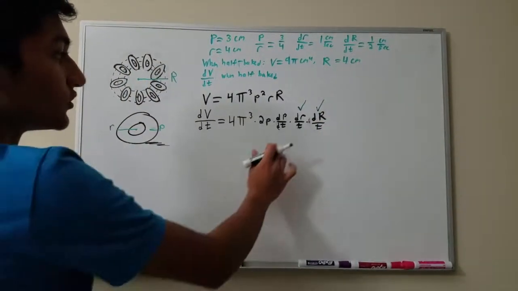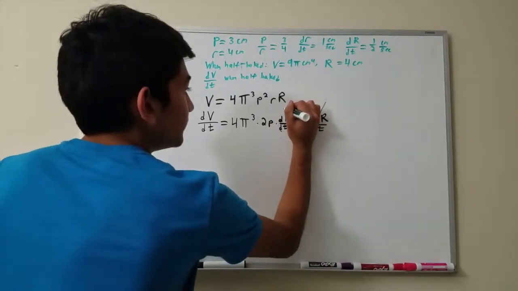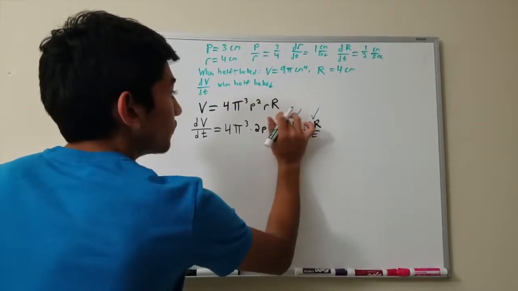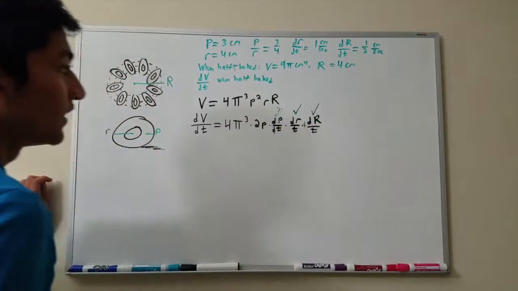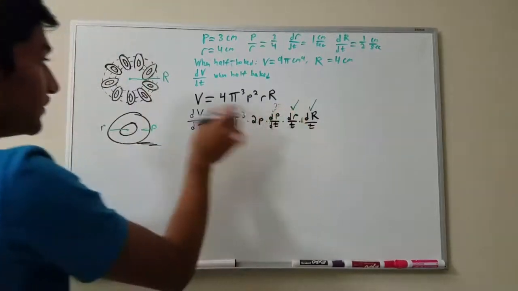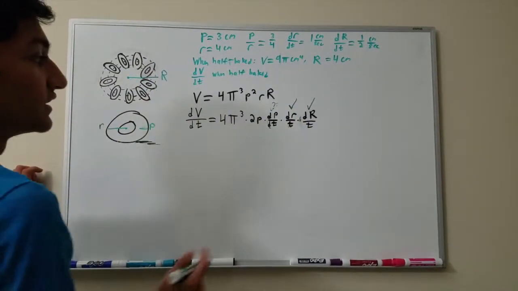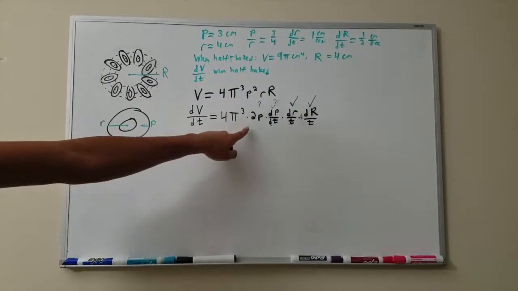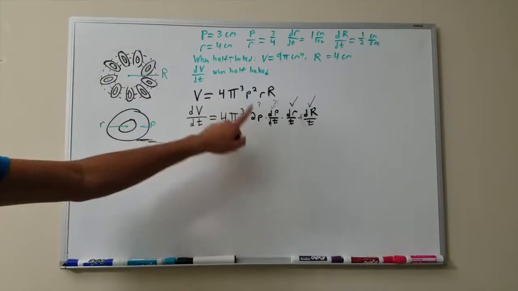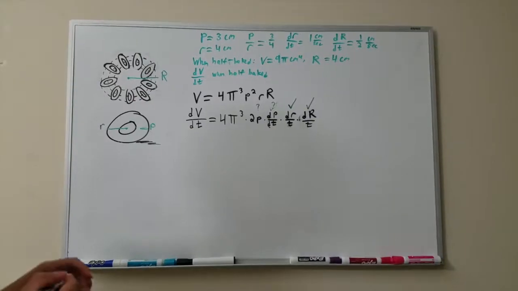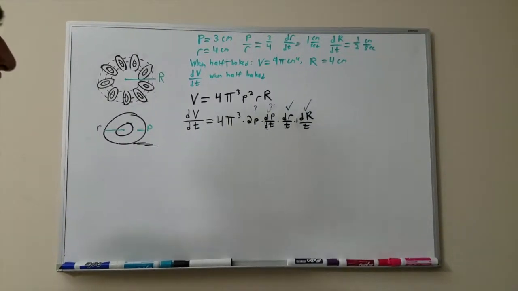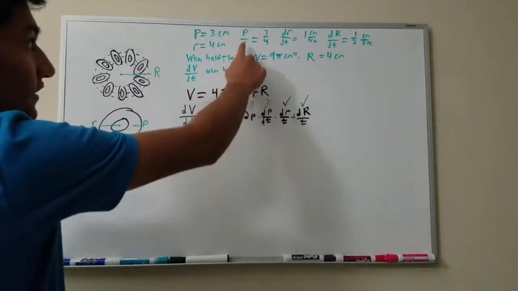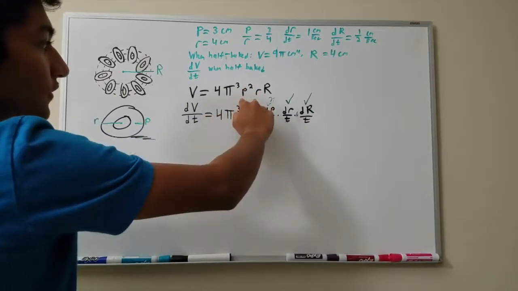We, however, don't know what this is. And we don't know what the change in the minor radius of the base donut is, and we also don't know what the P value is at the instant that it's half baked. So how we can fix this is if we substitute in our ratio for P.